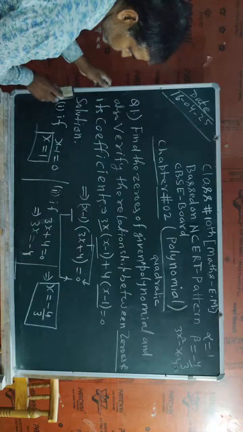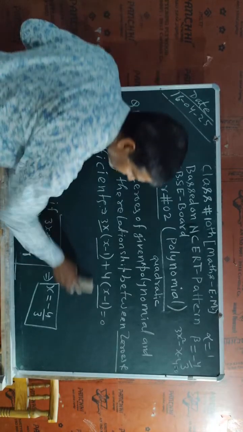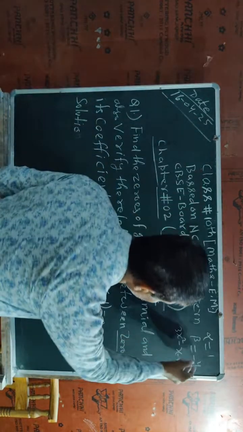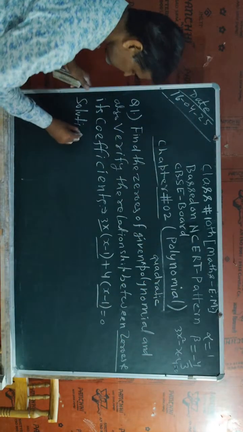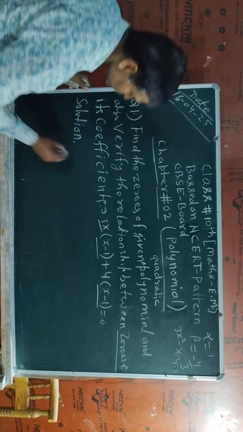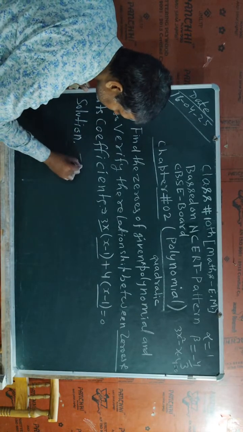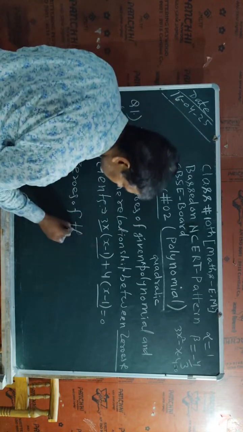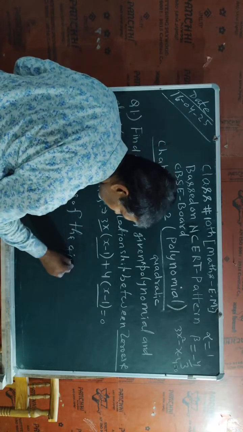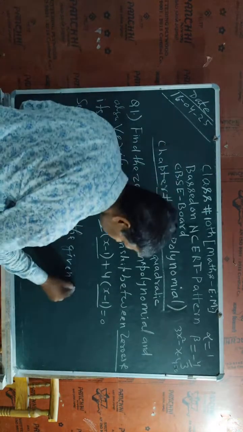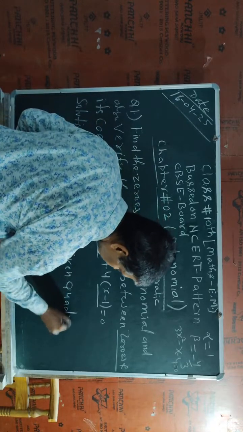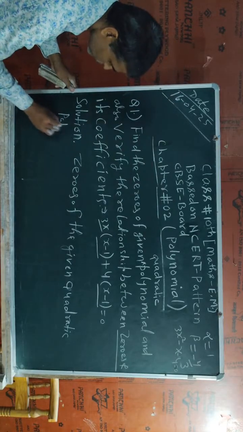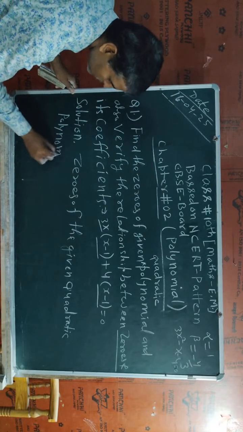Okay students, so I am going to erase this one. Now this is the answer number 1. I have to write like this: zeros of the given quadratic polynomial.